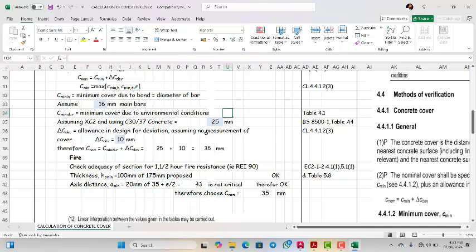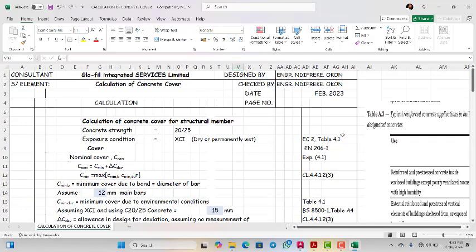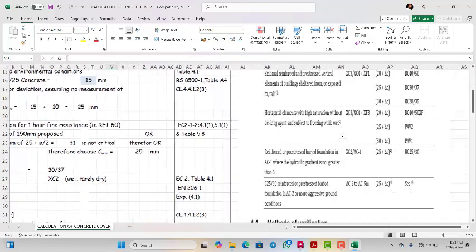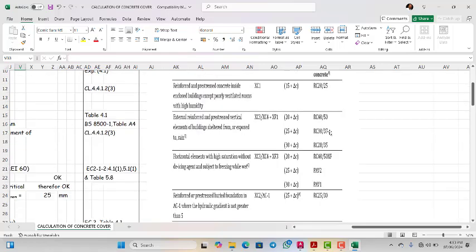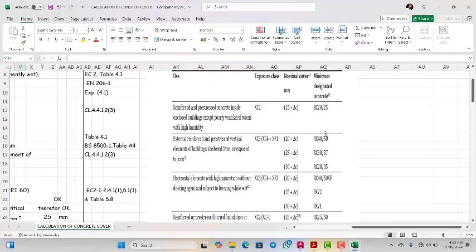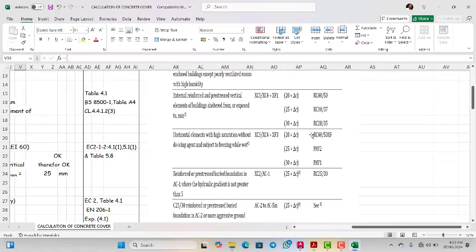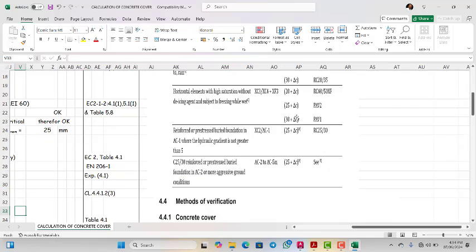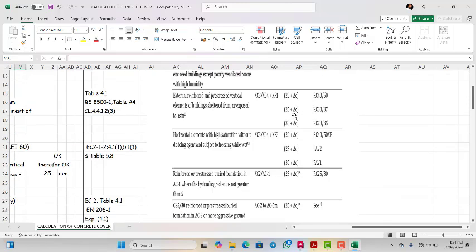So when you change this to 16, let's see what they have provided for us. Let's go back here and check. You see that what they have provided for us here is 25, 25 plus delta C deviation.